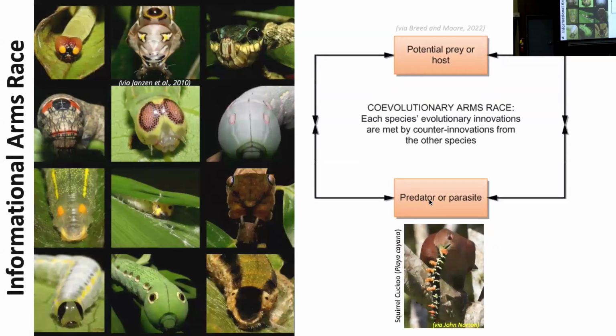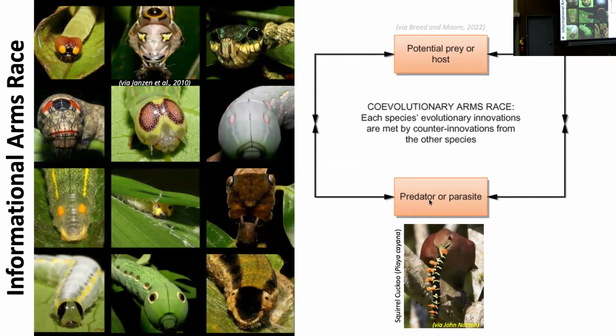Okay. And with these arms races, you could argue that we started with an informational arms race, where the diversity in these patterns is sort of a response to predators that might get wise to these things.